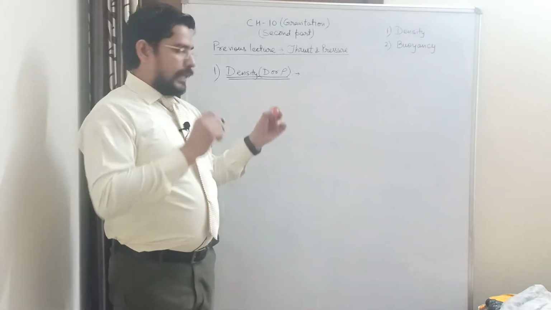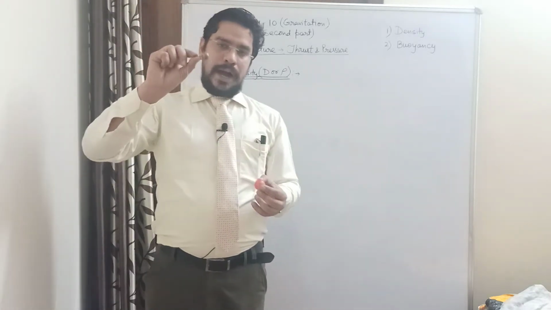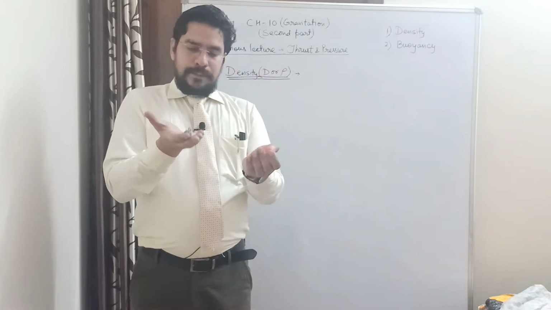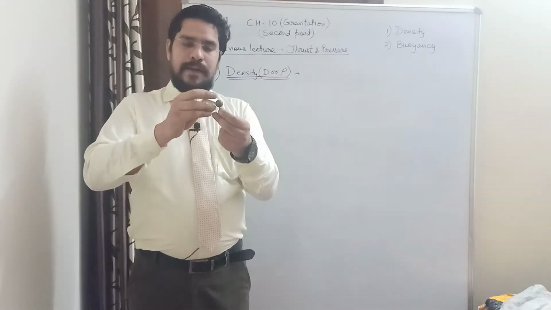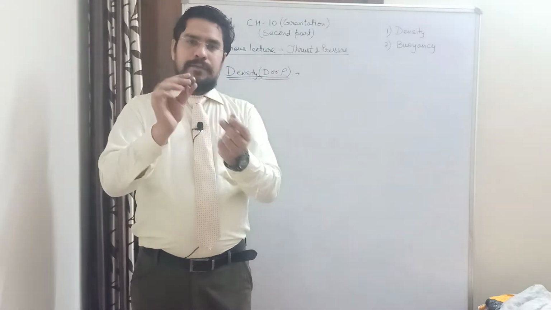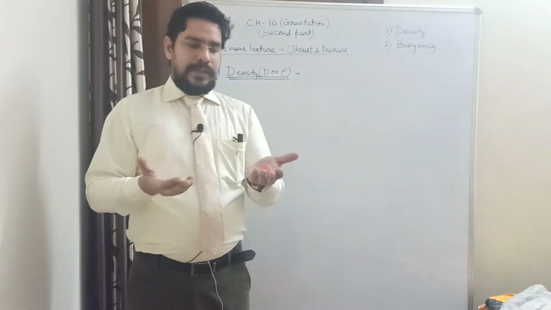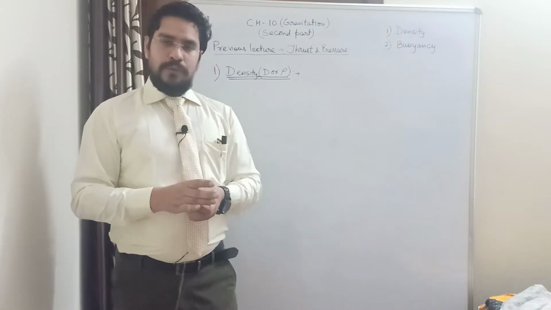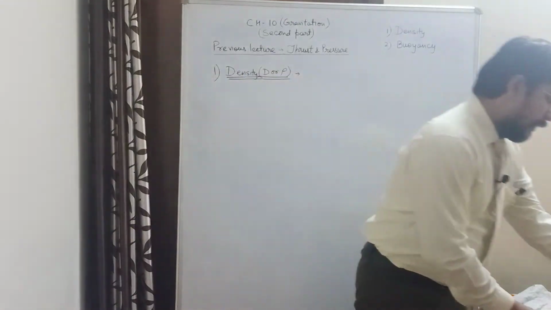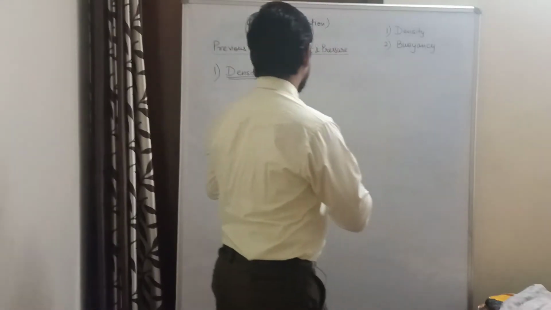In terms of density, we can say iron is denser than rubber because it has more mass in a given volume compared to the rubber ball. So the density of iron is greater than the density of this ball. Let us understand this in terms of physics.